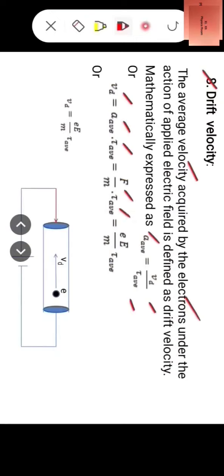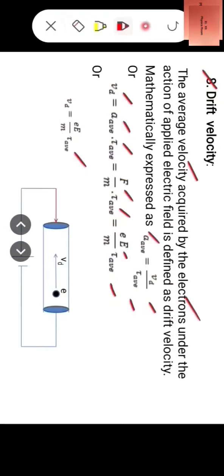Or we can write F as small e into capital E, because it is the force experienced by the electron under the action of applied electric field E. So drift velocity is equal to small e into capital E divided by m into tau average.